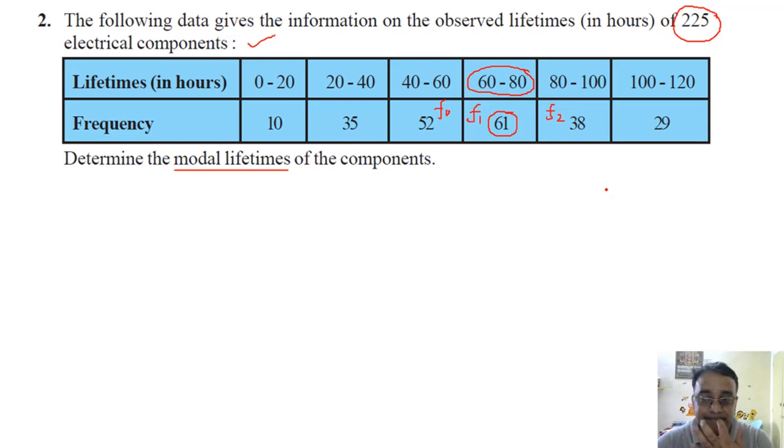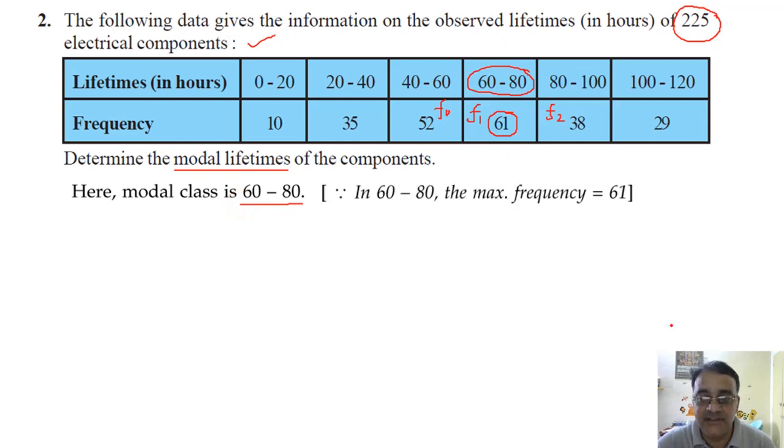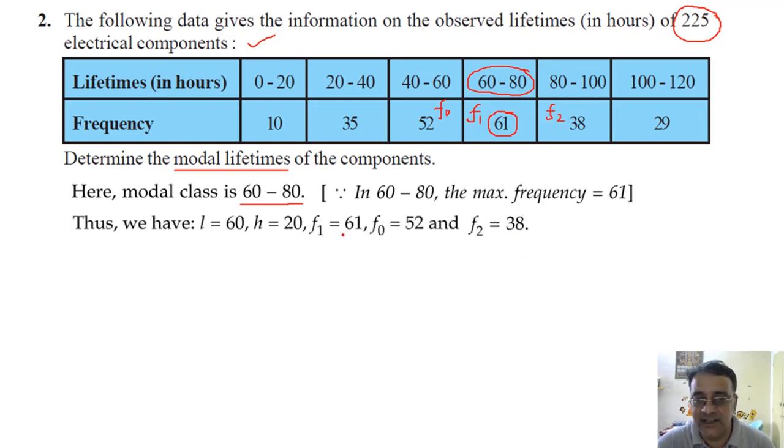What is L? 60. What is H? 20. Okay, fine. So here the modal class is 60 to 80 because this class has the maximum frequency, that is 61. The value of L is equal to 60, H is 20, F1 is 61, F0 is 52, and F2 is 38. After writing this, we have to write the formula.